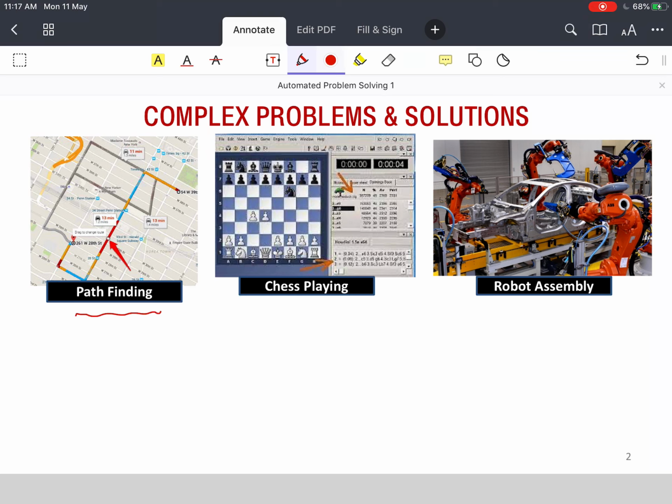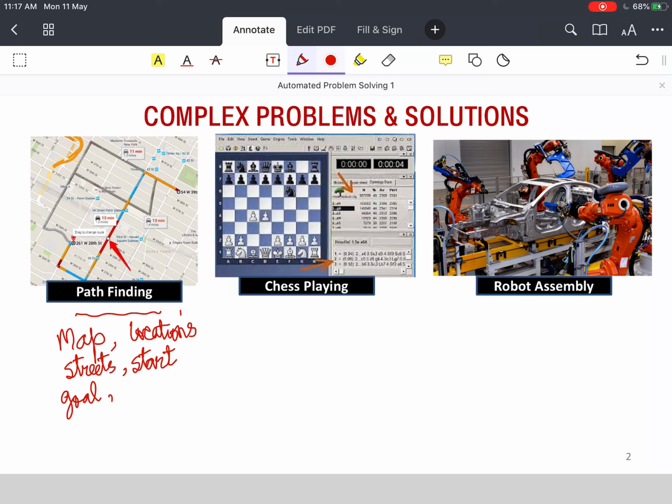So the input to this problem is a map. This map consists of locations. This map consists of streets or roads. And given a start position and a goal position, there is a need to find an accurate, shortest or most convenient path.